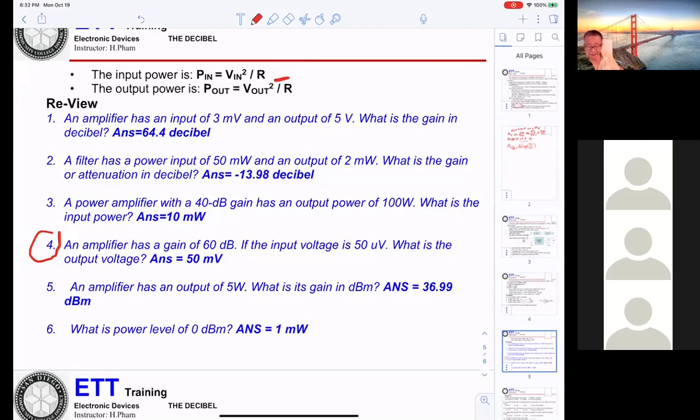Did you get 50 millivolt? Yes, sir. Okay.